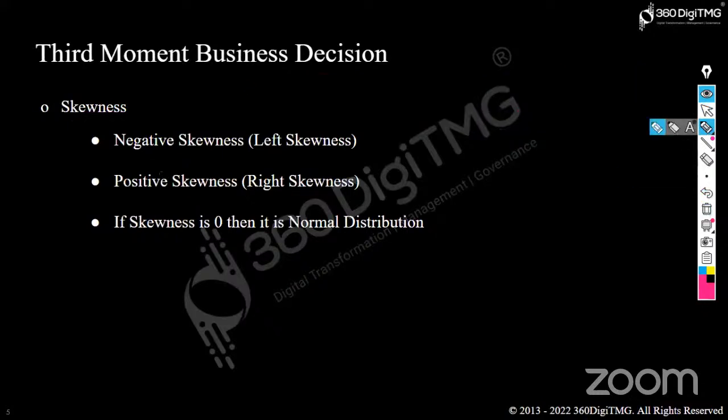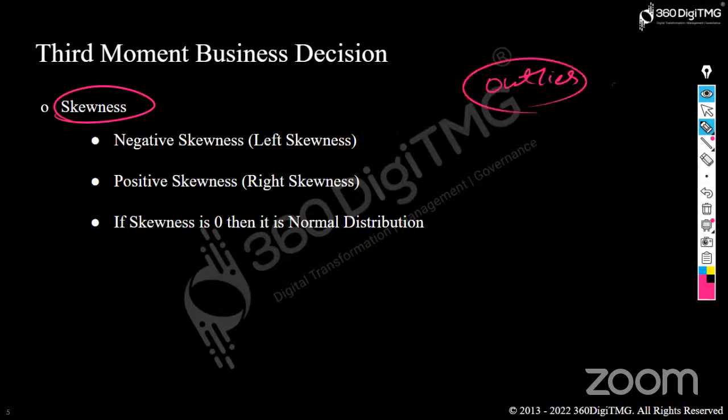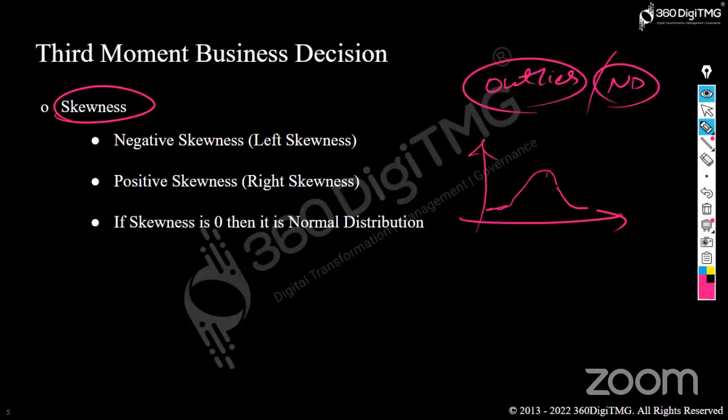Okay, so this is one important point that we need to keep in mind. We also have another business moment decision, that is skewness. This also tells you whether outliers exist or not, and whether the data is normally distributed or not. This is a normal distribution.